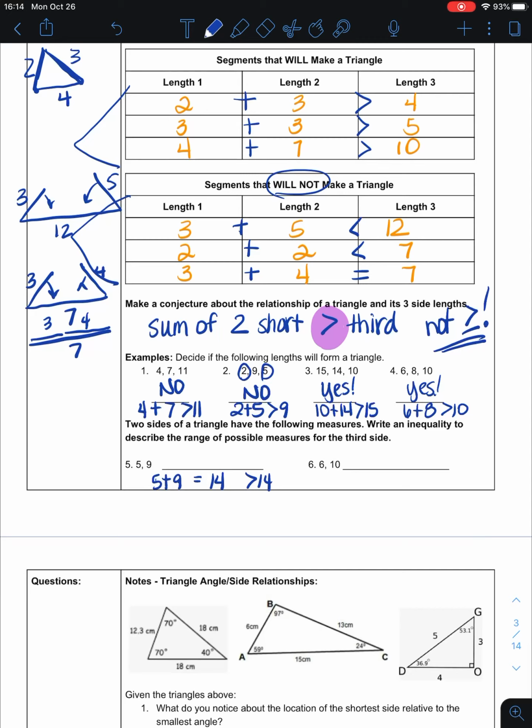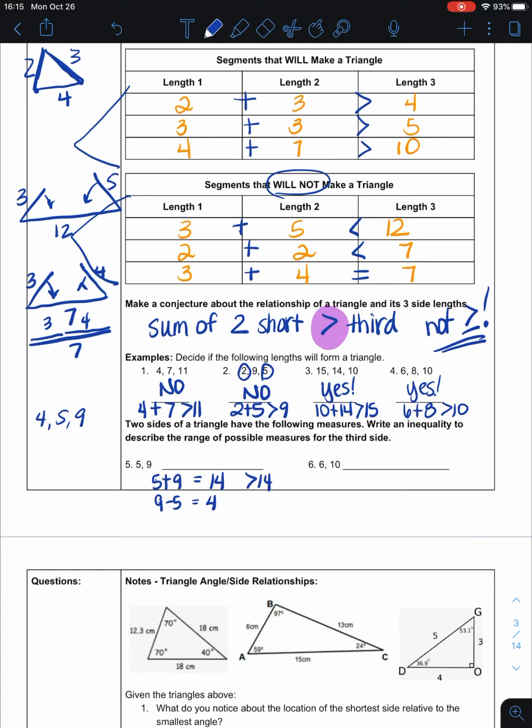Now, what if the other side is not the longest side? If you subtract, 9 minus 5 is 4. So what that tells you is anywhere between 4 and 14 would work. So let's just do a quick test. What if it was 4, 5, and 9?